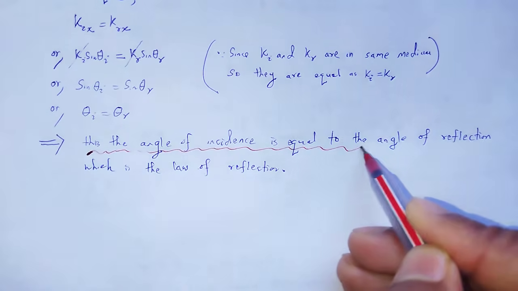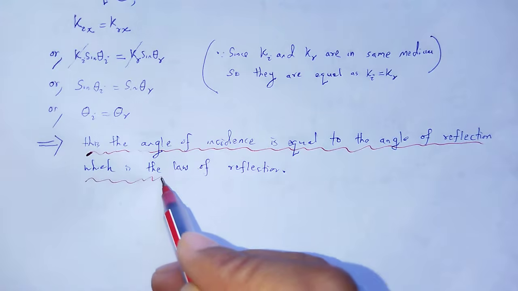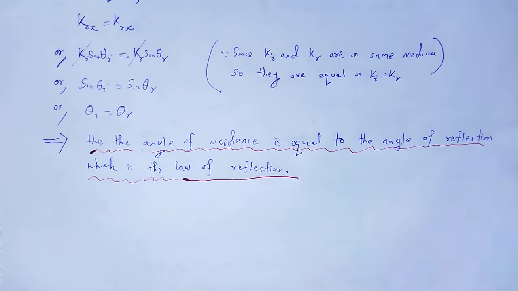Angle of incidence is equal to angle of reflection, which is the law of reflection. Next, in the case of the law of refraction, we can prove that it is Snell's law.